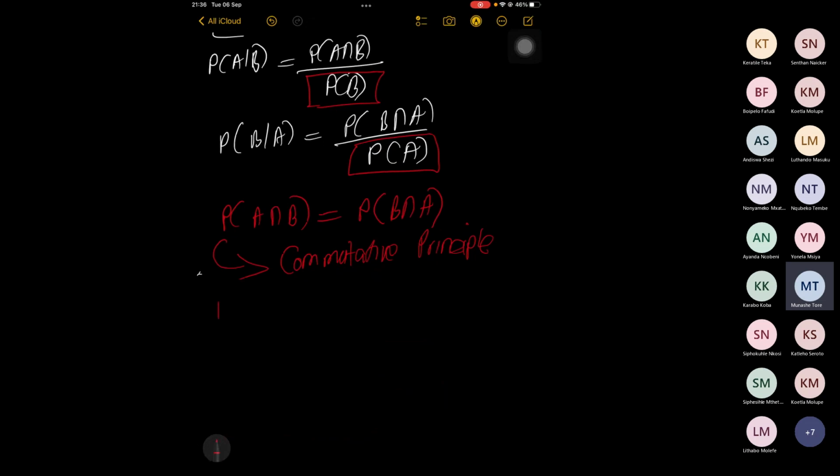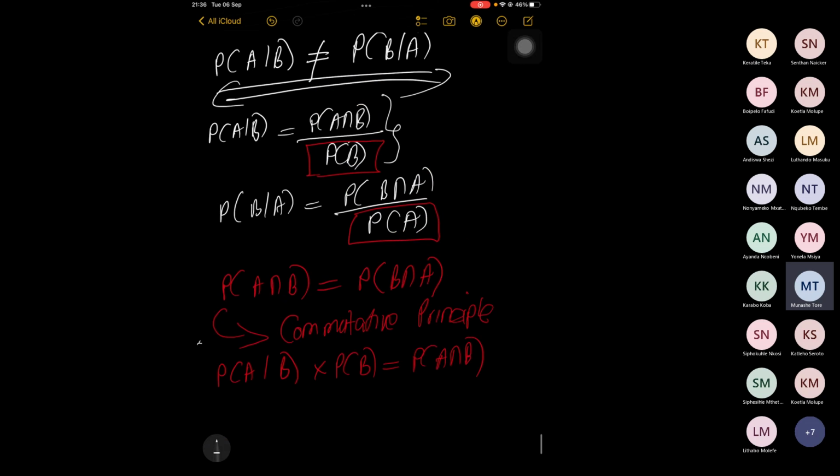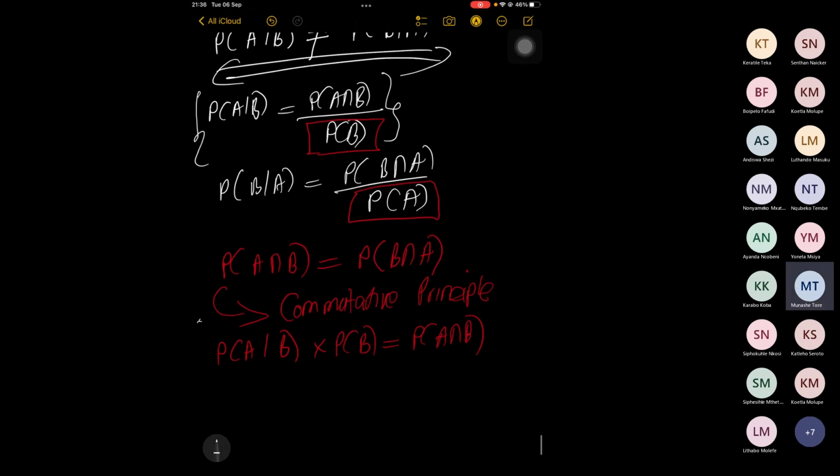Also, the probability of A given B times probability of B is going to be probability of A intersection B. From this formula, I just made probability of A intersection B the subject of the formula.